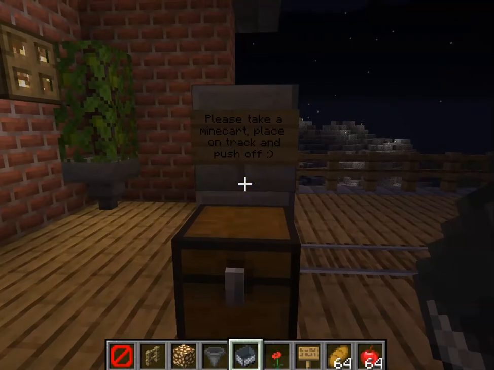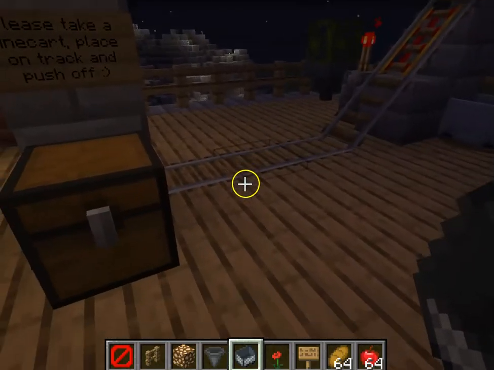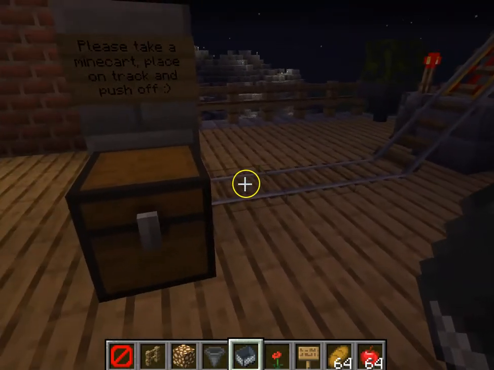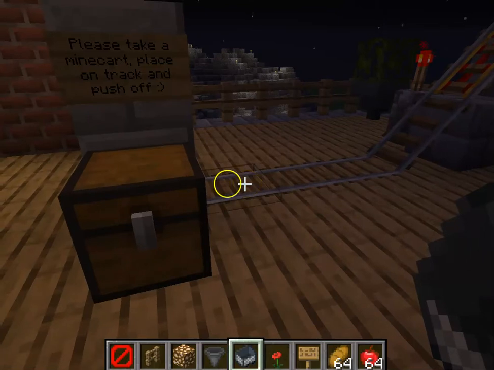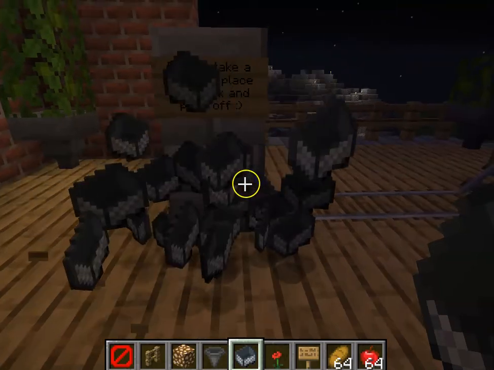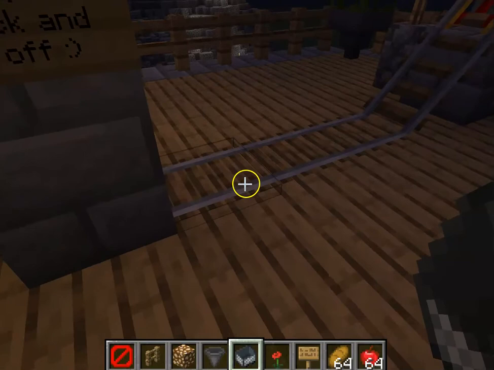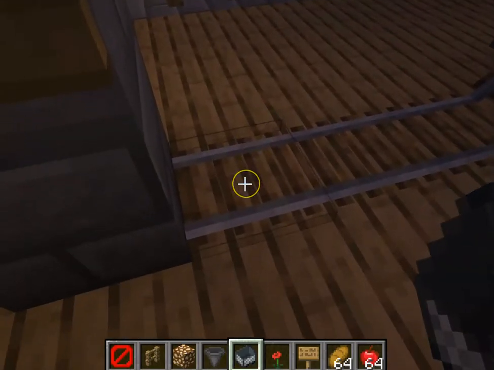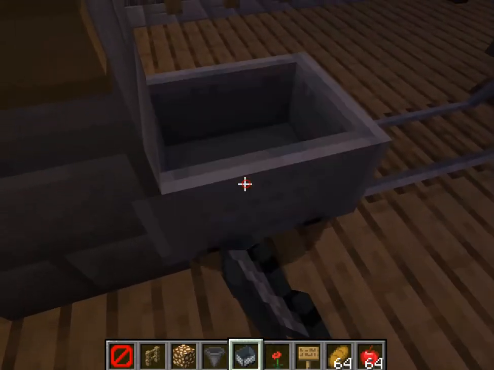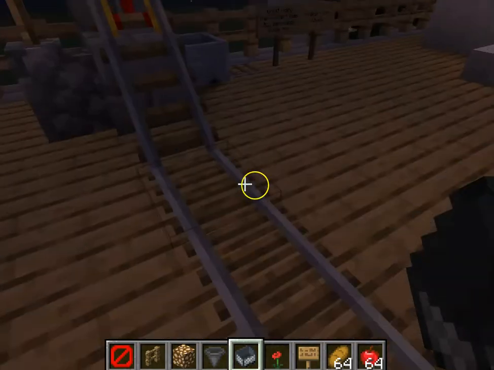Please take a Minecart and place it on the track and push off. Okay. I will do that now. Hoppa.